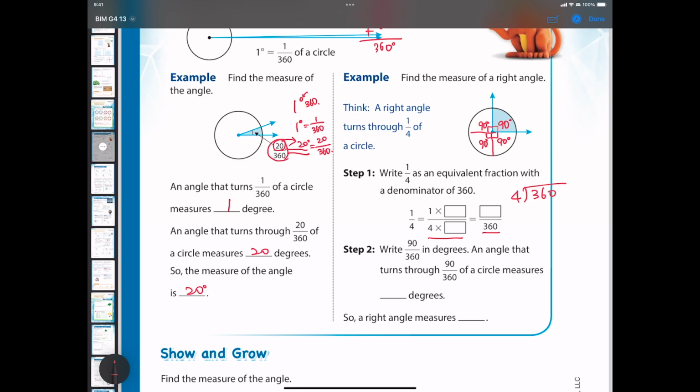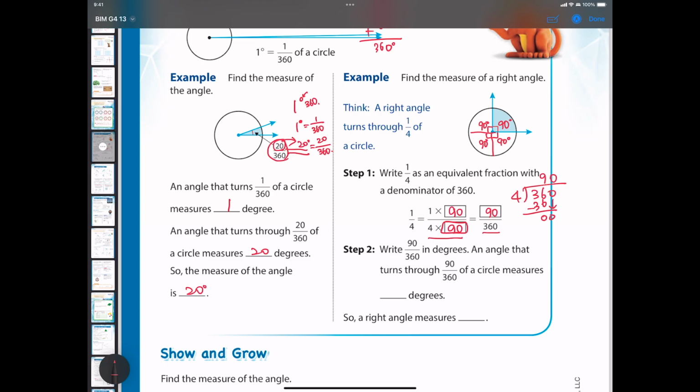That's why we can find this unknown number by dividing. So 4 can fit into 36 by 9 times, and the 0 has nothing to do, so it is 90. You need to multiply anything you did to the denominator, you have to do to the numerator. So it becomes 90 over 360.